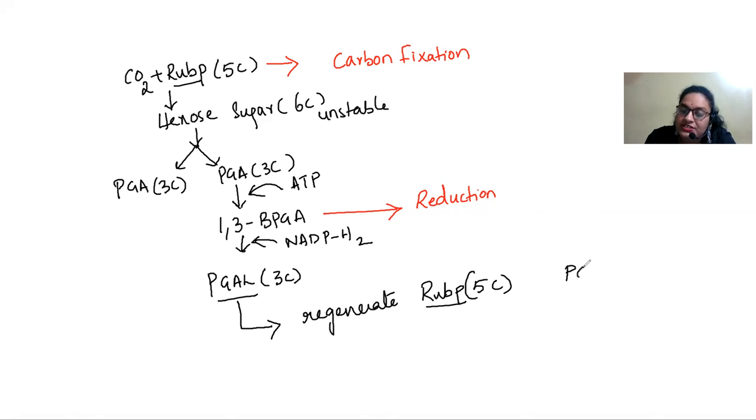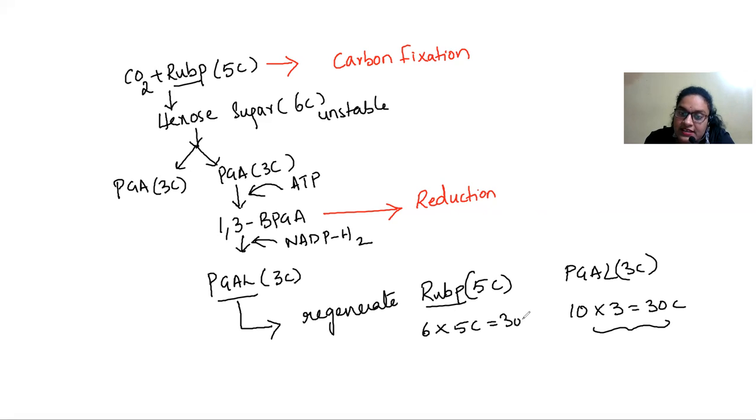So how many PGALs can you utilize for making RuBP? 10 PGALs can give you 30 carbon atoms. Here you can equalize it by 6 into 5 carbon atoms, that is again 30. So 10 PGAL molecules are going to regenerate 6 molecules of RuBP. This is important from the examination point of view.